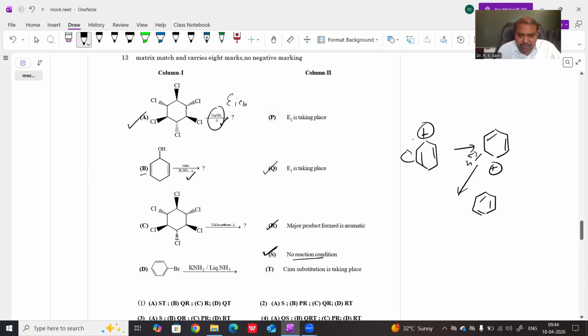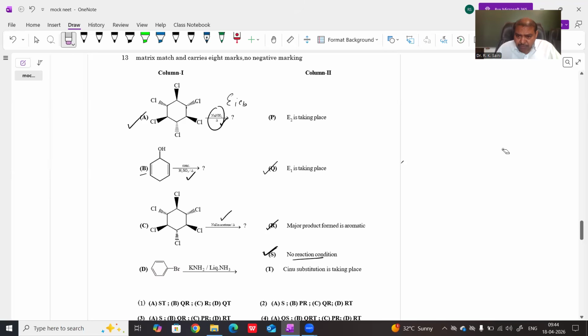In case of C, NaI and acetone, we know that NaI in acetone is a nucleophilic substitution SN2 reaction. Therefore, the halogens are replaced by iodine from the opposite side. We know that vicinal diiodides are unstable and they eliminate iodine via an E2 mechanism, and hence the final product is also benzene.